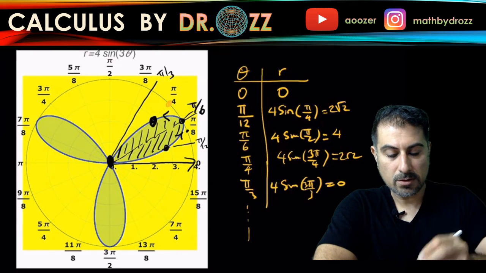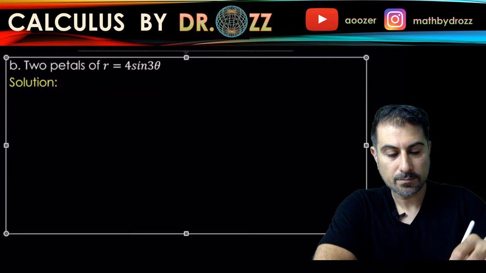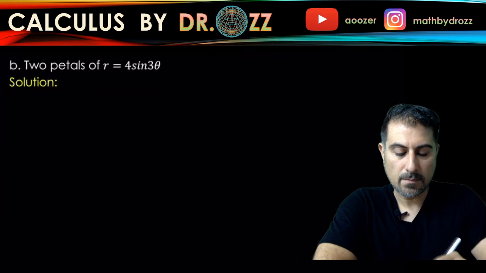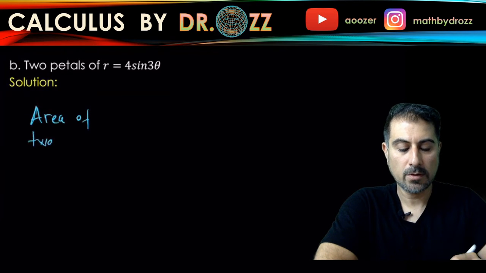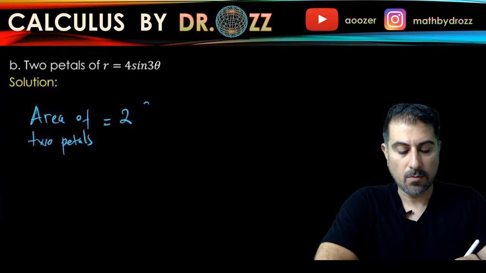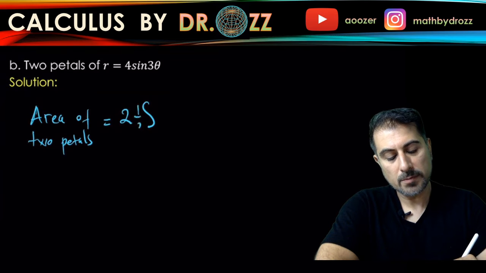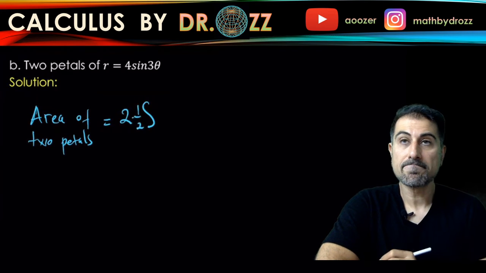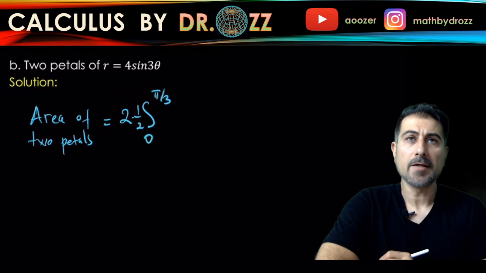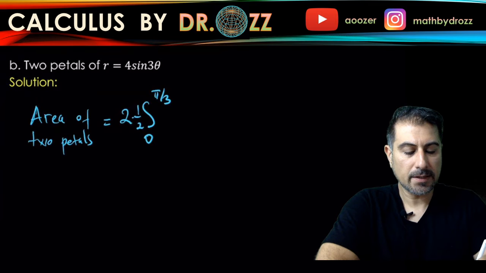So I'm going to go back here and write that the area of two paddles is equal to 2 times the formula, right? 2 times 1/2, integral from 0 to pi over 3 of 4 sine 3 theta squared d theta.